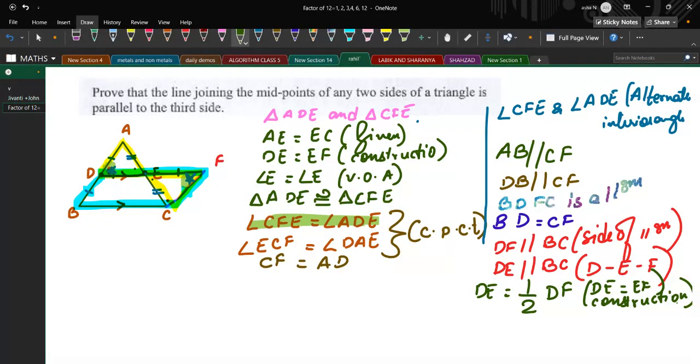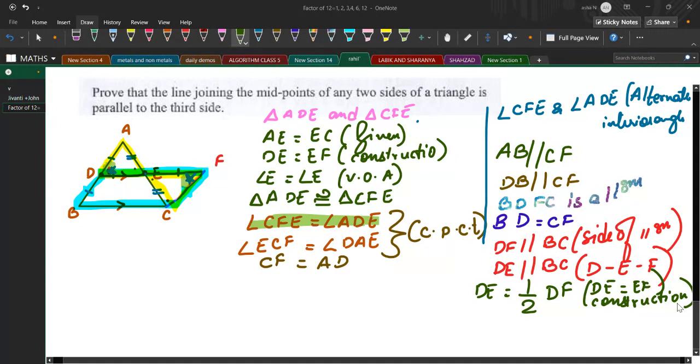So DE is half of DF and DE is also parallel to BC. I think we have proved the midpoint theorem.